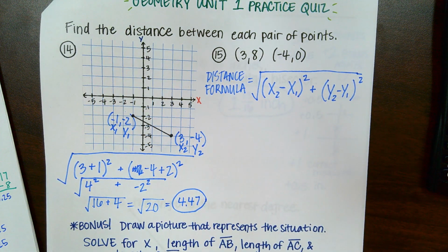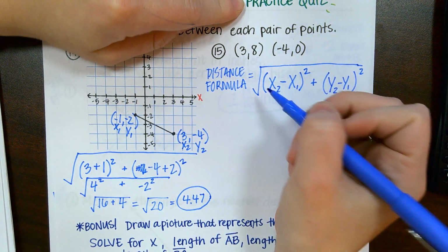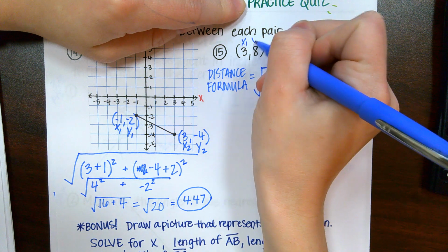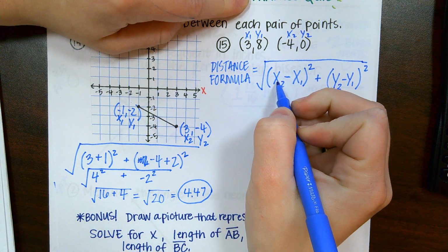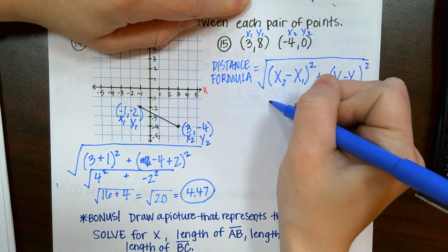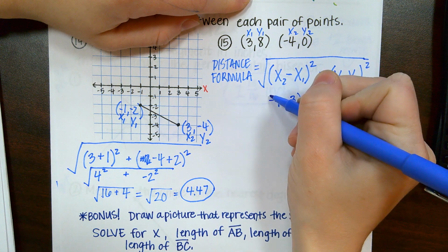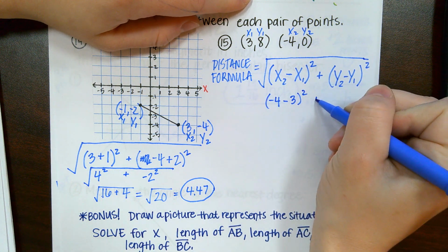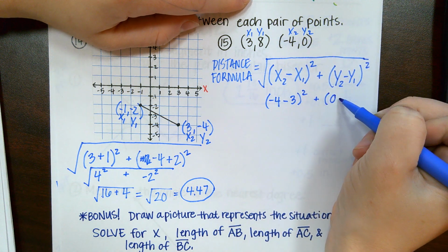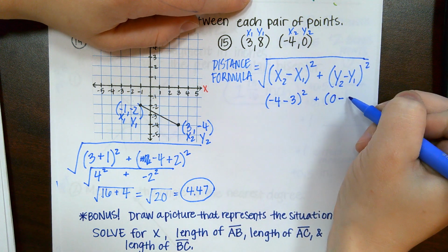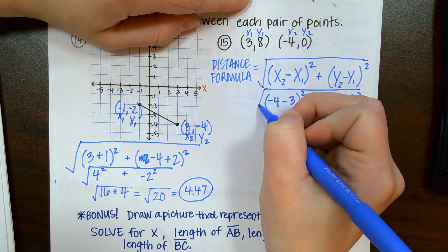So now let's do number 15. Same exact process, just with different numbers. So x1, y1, x2, y2, and let's plug it in. Negative 4 minus 3 squared plus 0 minus 8 squared, all under square root.